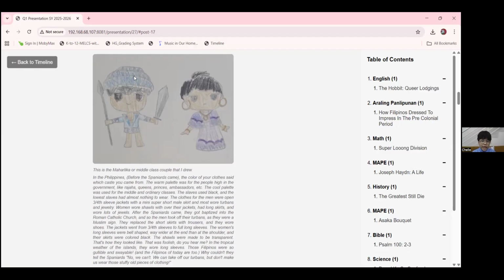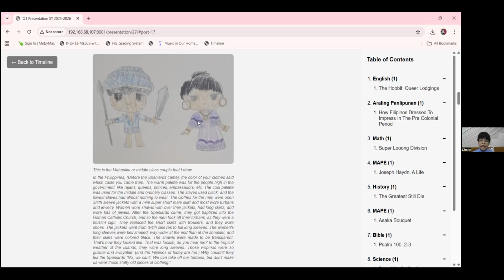So it also depended on the color. Okay, so if you wore blue, purple, indigo, like that, you were considered part of the middle class or maharlika. Black was given to the lower people, ordinary people.